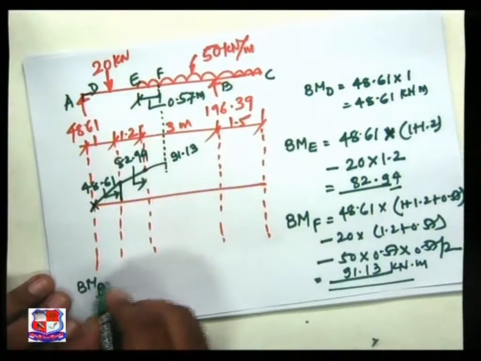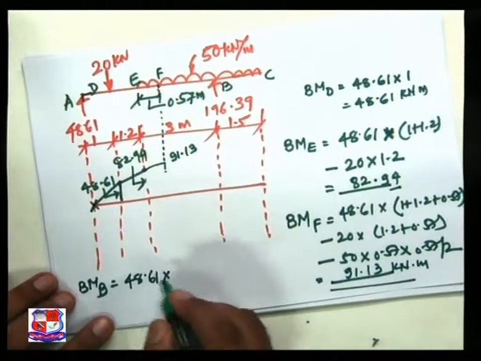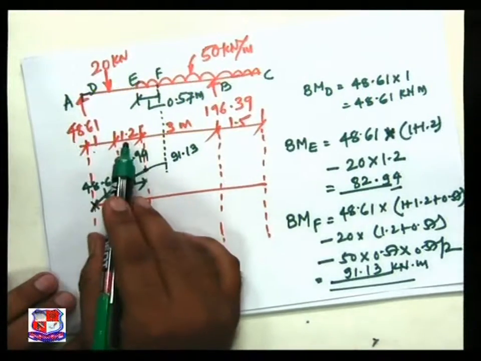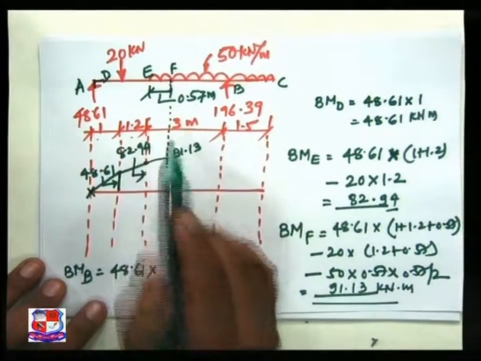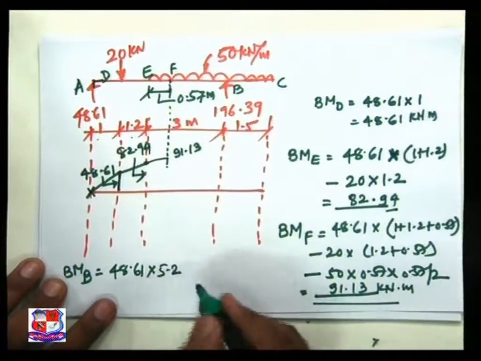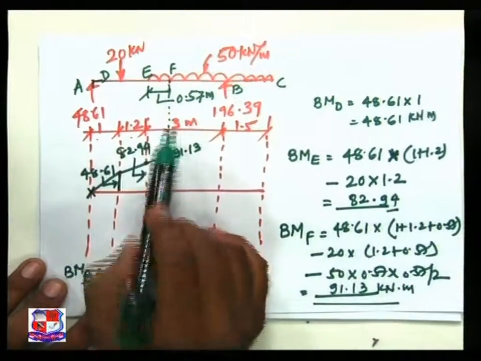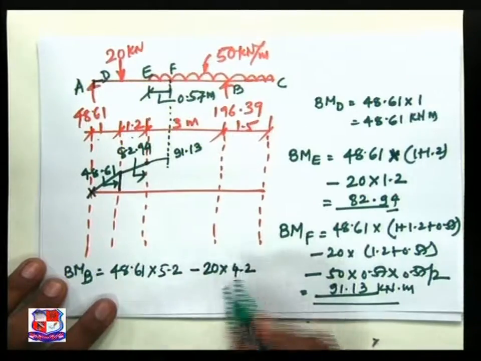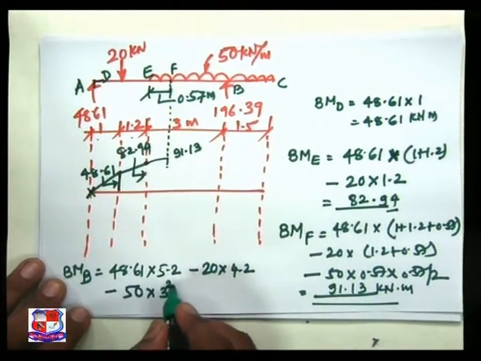Now at B, bending moment at B is equal to 48.61 into 1 plus 1.2 plus 3, that is 5.2, minus 20 into 1.2 plus 3, 4.2, minus 50 into 3 square by 2.